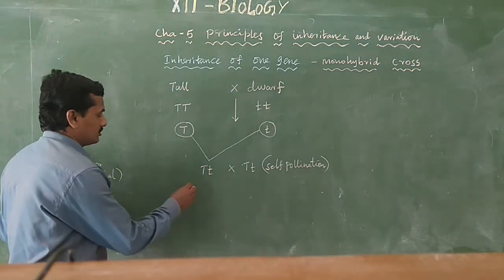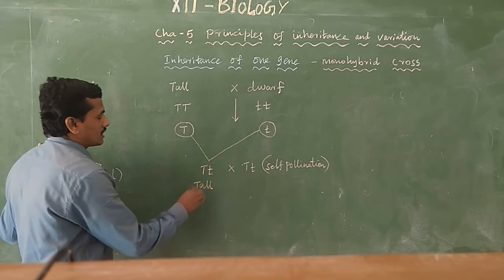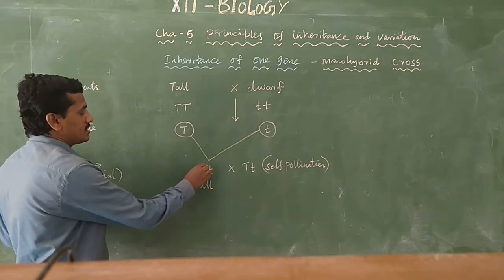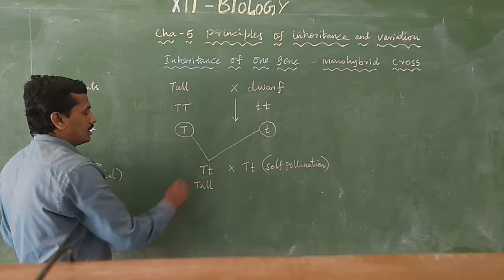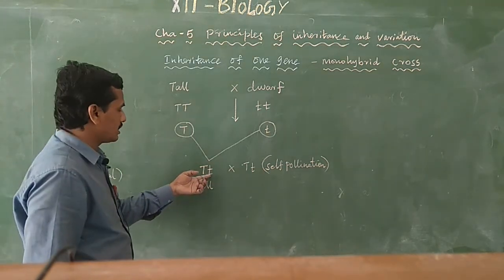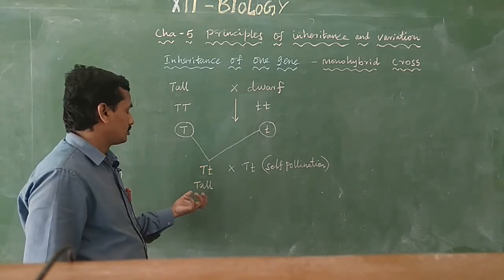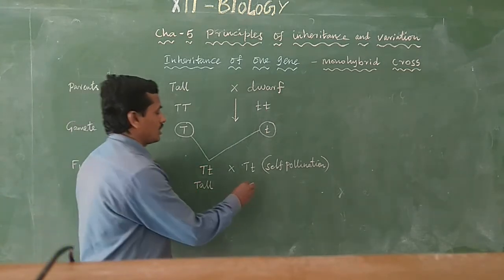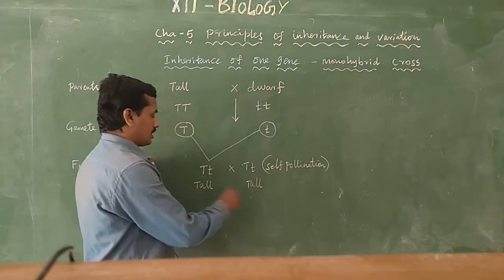The character of the first generation plant is tall, because capital T is dominant over small t, so tallness is expressed.